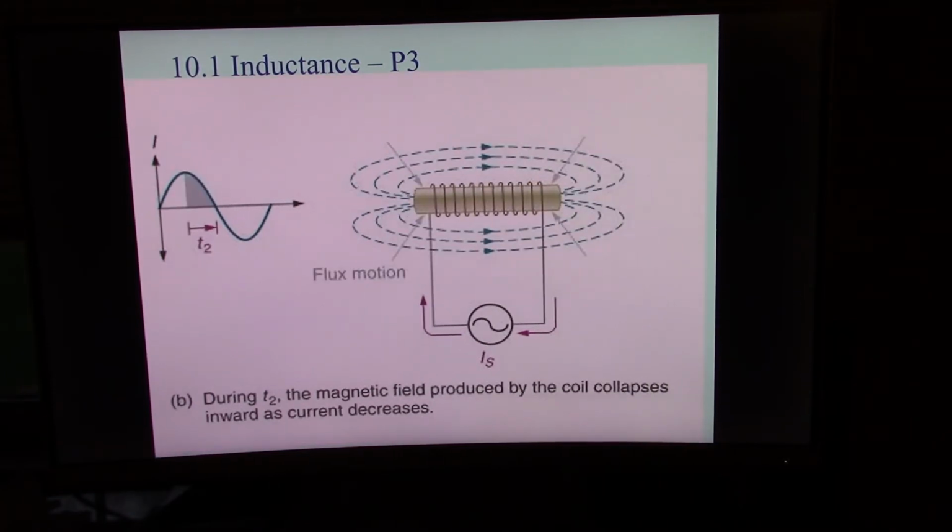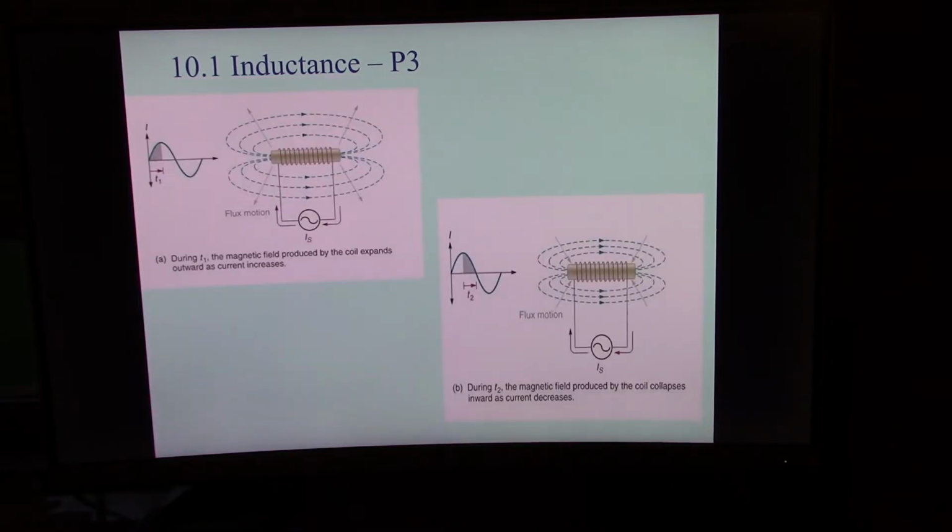And when the current starts decreasing, like this, see the current is decreasing right there, then that magnetic field collapses on itself, like this. So you have a constant magnetic field that is developing and collapsing as this waveform goes to this peak, goes to 0, goes down, comes back up. Okay. And that's the basis of inductance. So that's the two waveforms.